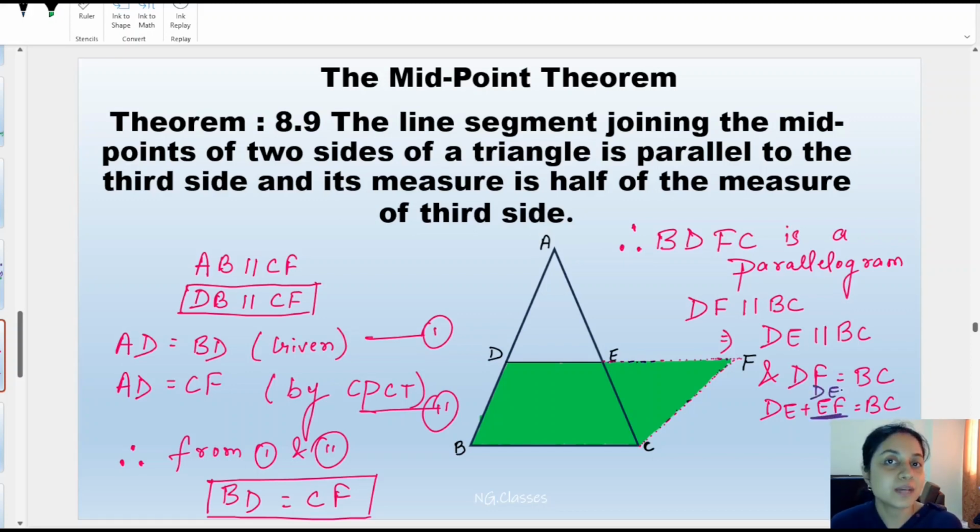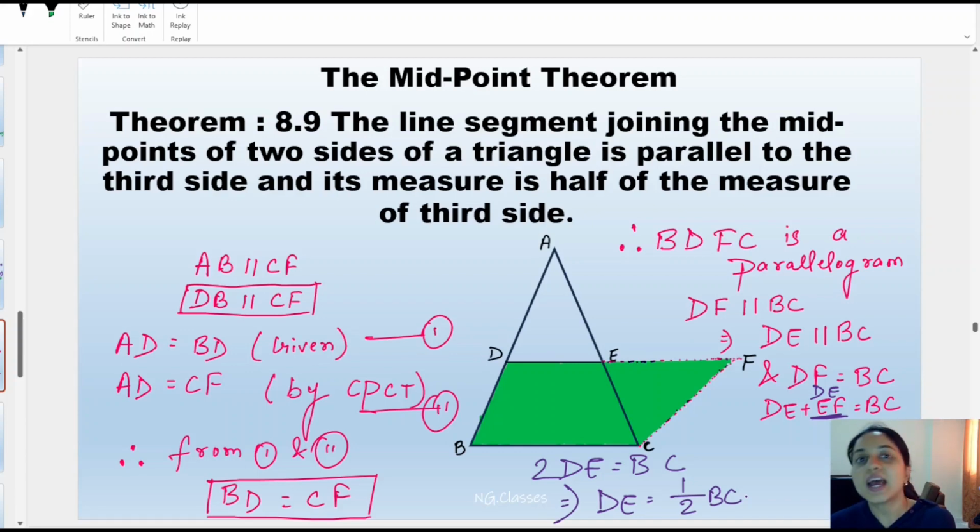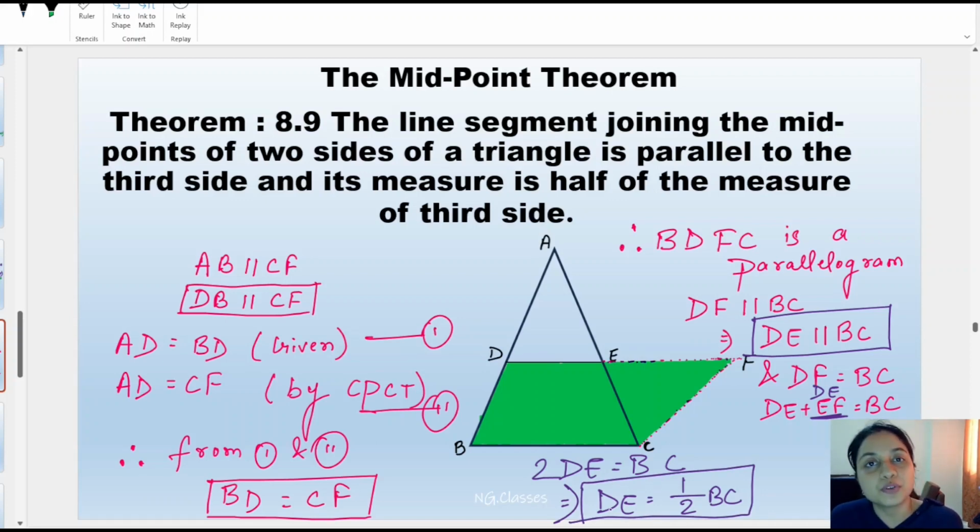That means 2 times DE is equal to BC, and that will give us DE is equal to half of BC. That's what we wanted to prove, that DE is parallel to BC and DE must be equal to half of side BC. So we have proved DE is parallel to BC and DE is equal to half of BC. And hence we are done with the proof.